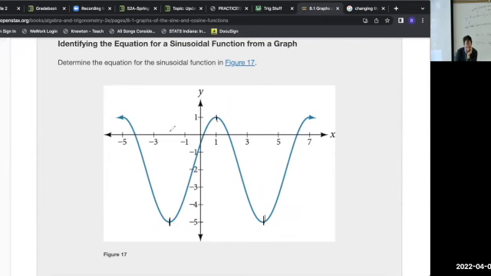I'm guessing that they're not using pi here. I'm guessing that these are nice numbers. So this is -2, and this is 4. What is the period? What is the gap between this and this?